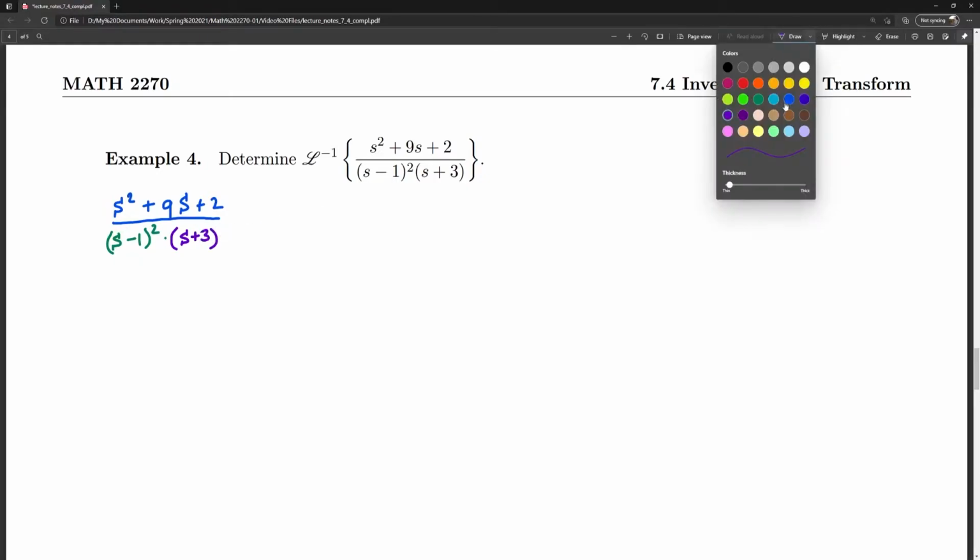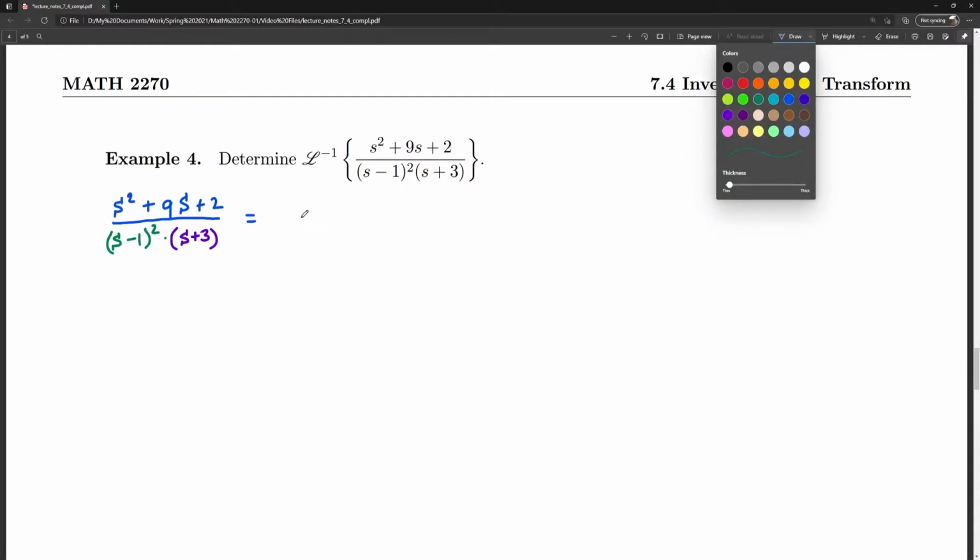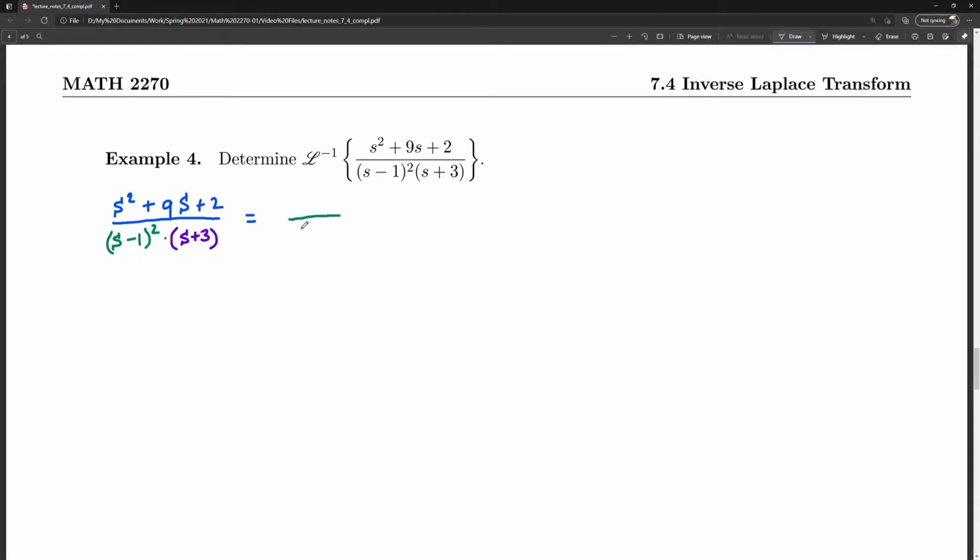And so when we split this up, we notice that we have a repeated factor s minus 1. So we would definitely start off with s minus 1 for our partial fraction decomposition, but that's not enough, because this is a repeated factor, so we will also have to include all the higher powers of this factor as a fraction.